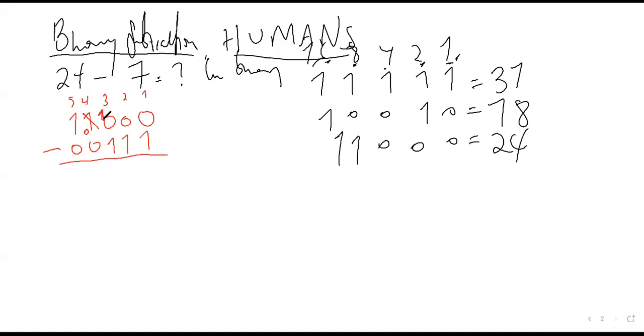This is the normal way of borrowing in binary as humans. You borrow from this one, then we borrow a 1 from this 1 0.